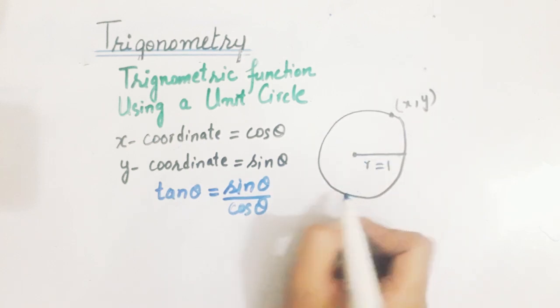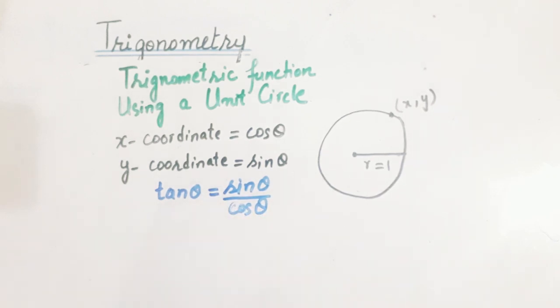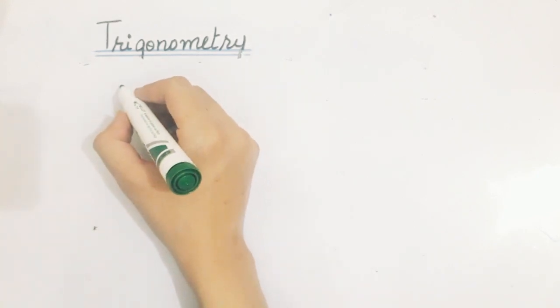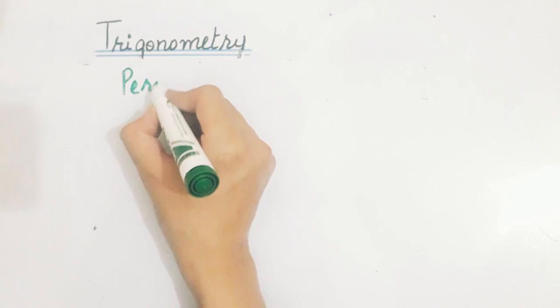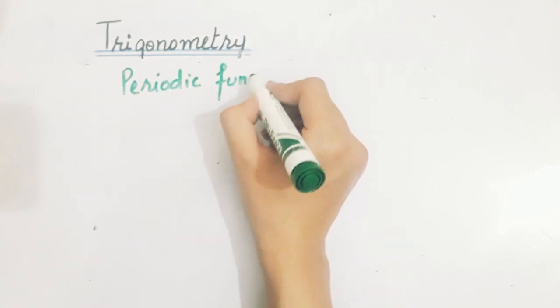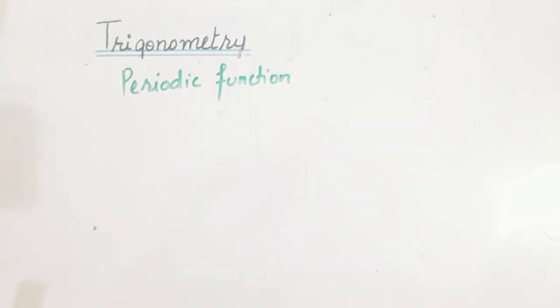Now we will discuss some properties of sine function, cos function and tan function. One of the important facts of the trigonometric functions is that they are periodic functions. Periodic function means they repeat every 360 degree or 2 pi.